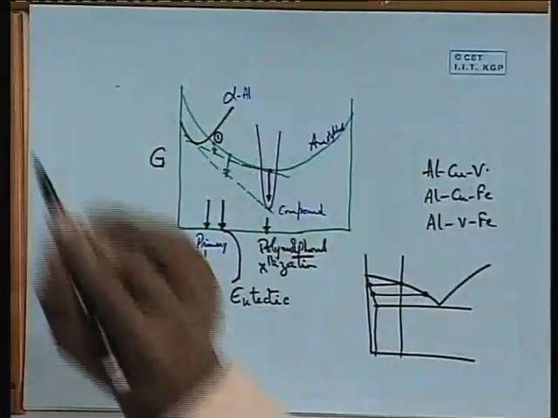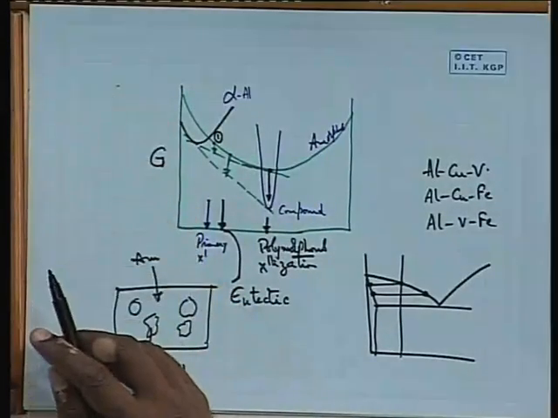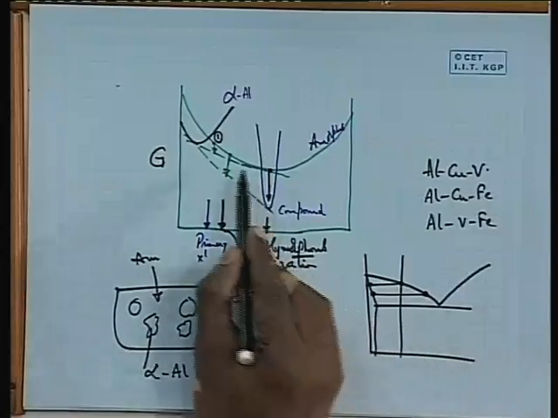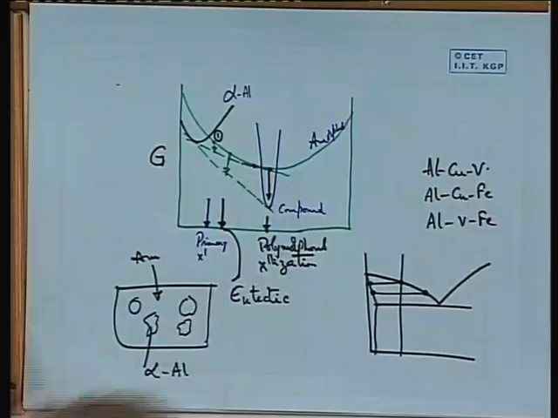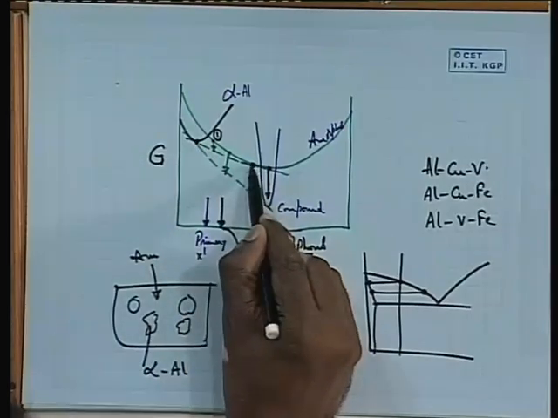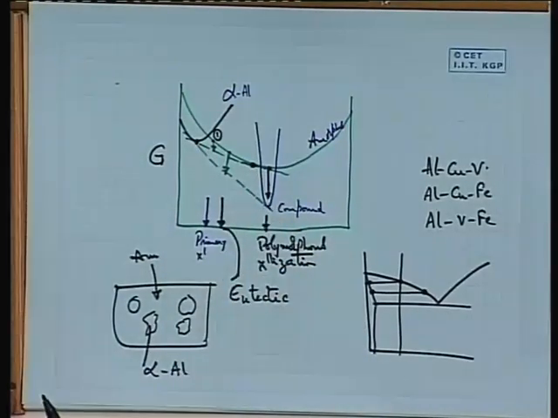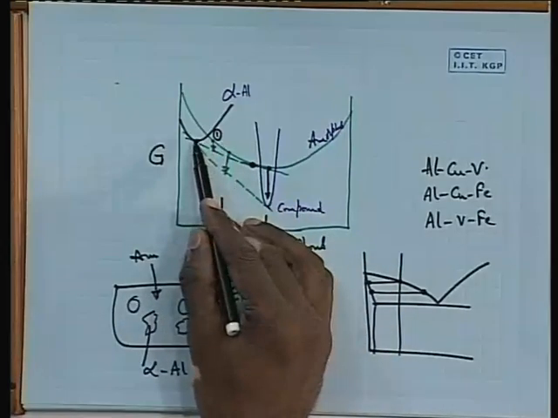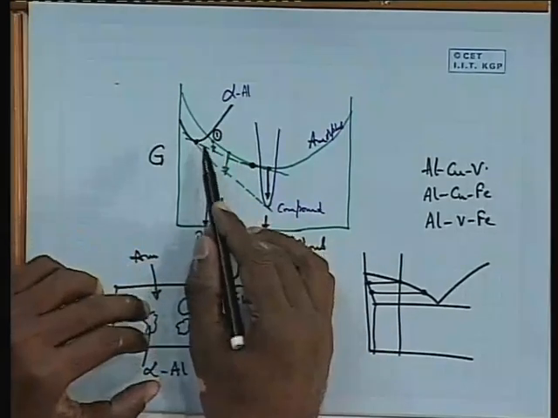Exactly similarly here, if you take an amorphous phase from which an alpha aluminum comes out, the amorphous phase which is remaining will have a composition which is given by this common tangent. This is the alpha aluminum composition, this is the remaining amorphous composition. So now you have a nanocomposite where an amorphous matrix is there whose composition is this, and an alpha aluminum whose composition is this.